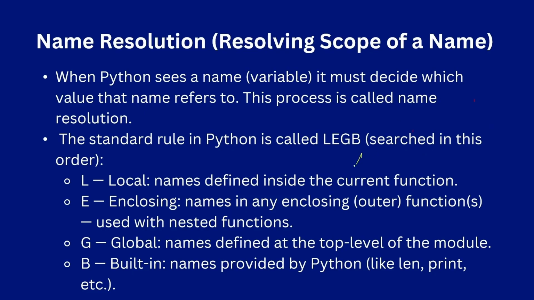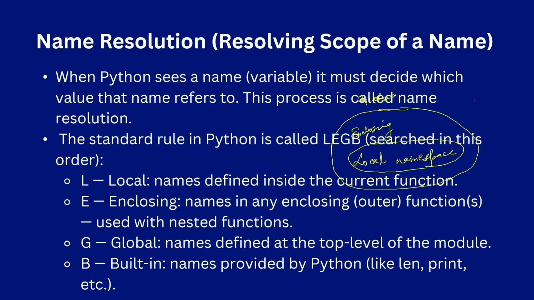So first it will look at the local namespace, then the enclosing namespace, then the global namespace, and last the built-in namespace.